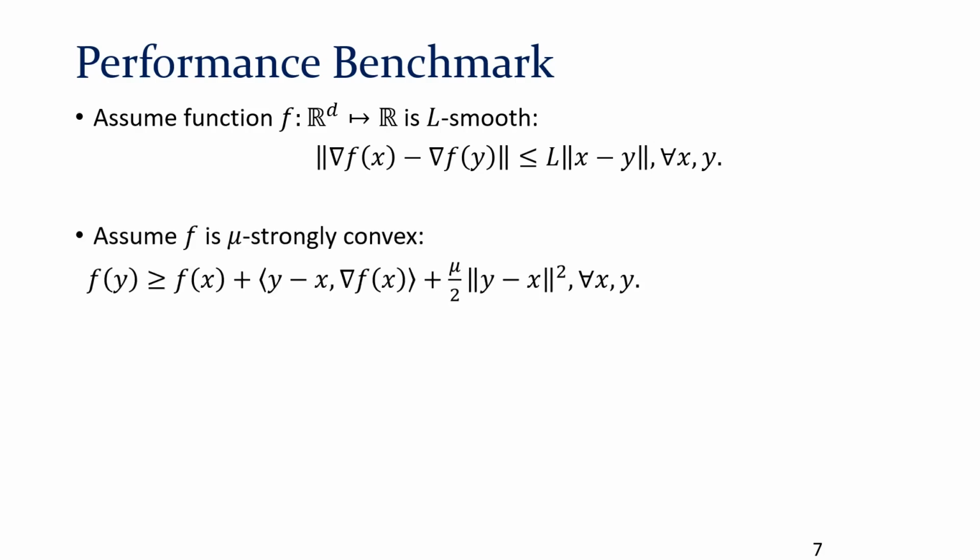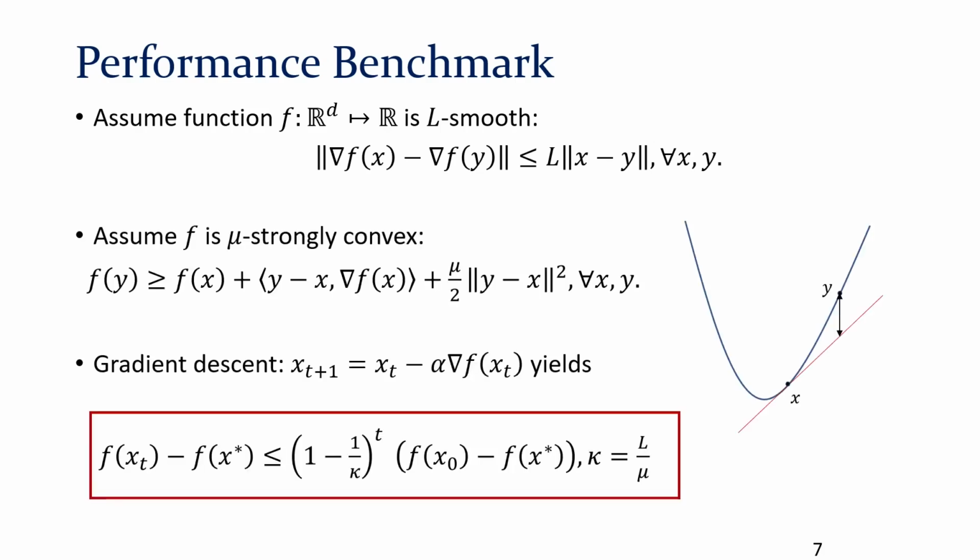And we say that a function is strongly convex if it essentially has positive curvature. Okay. So for this class of functions, it's well known that if you were to just run the standard gradient descent update rule with a fixed step size, you can converge to the true minimizer. And importantly, the rate of convergence is dictated by the condition number kappa, where kappa is the ratio of the smoothness parameter to the strong convexity parameter.